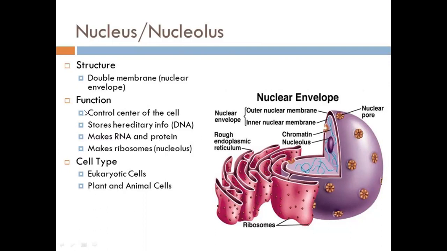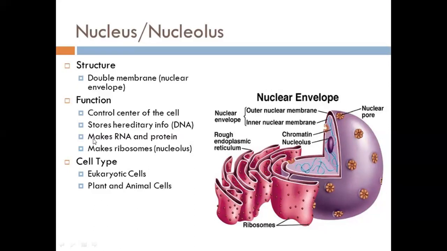Okay. Now, what is the function? It acts as a control center of the cell or the brain of the cell. It stores the hereditary information. Now it stores it in the form of DNA. The full form of DNA is deoxyribonucleic acid.